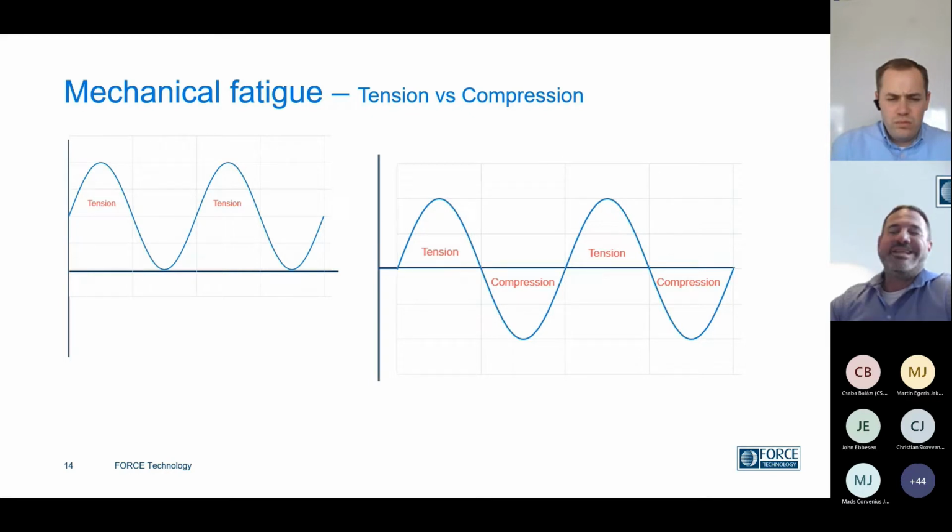So the fatigue loading condition there is tension-tension, because everything is happening in positive stresses. On the right-hand side, we have a tension compression loading condition. That means some of our stresses are positive and some are negative. It should hopefully be relatively obvious to join the negative with the compression and the positive with the tension to make this understandable.